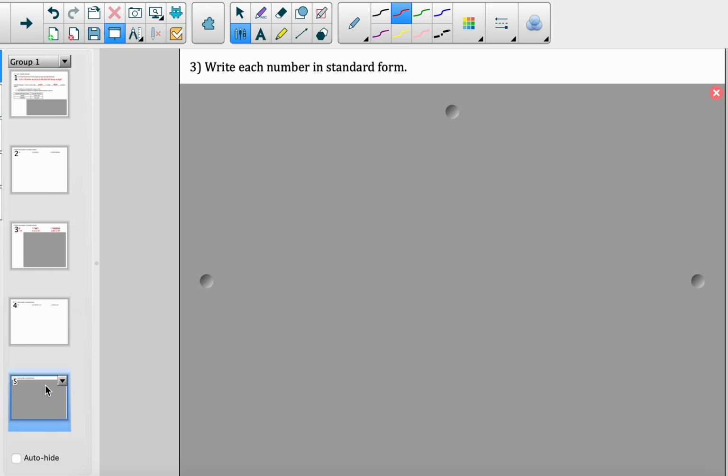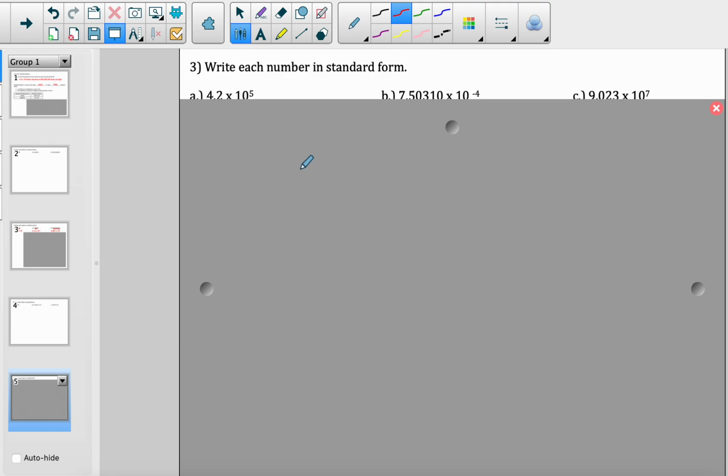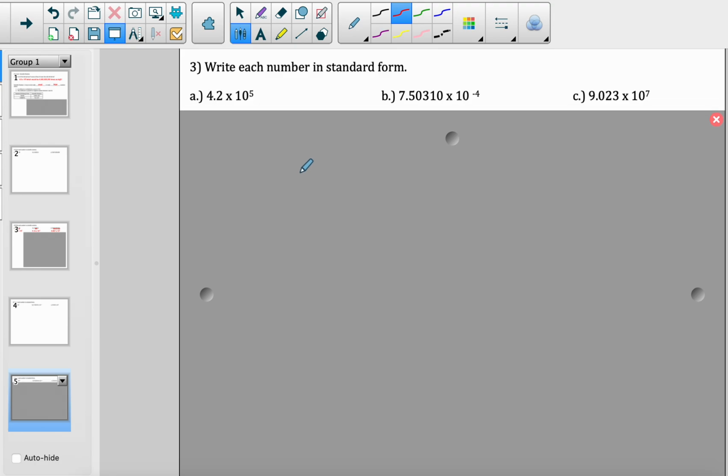So the next example here, we're going backwards from scientific notation to standard form. So these numbers out front are in between 1 and 10. Again, if we have a positive exponent, we know we need this number to get bigger. So we're going to move our decimal place over to the right 5 spots. 1, 2, 3, 4, 5.